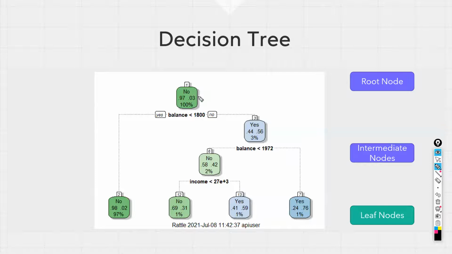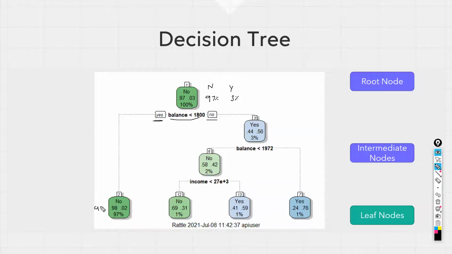Now look at this tree. This tree has 97% belonging to no class and 3% belonging to S class. Fantastic. Now my split criteria is balance less than 1800. So that's my first split criteria. Yes this side, no this side. If it is yes, then we ended up with some observations here.